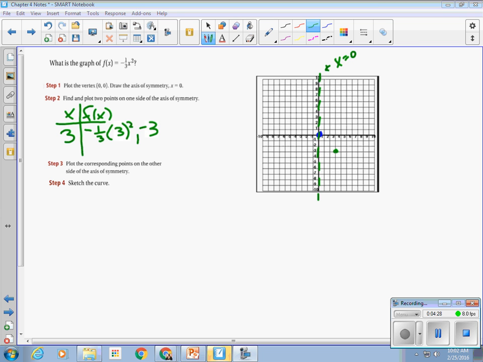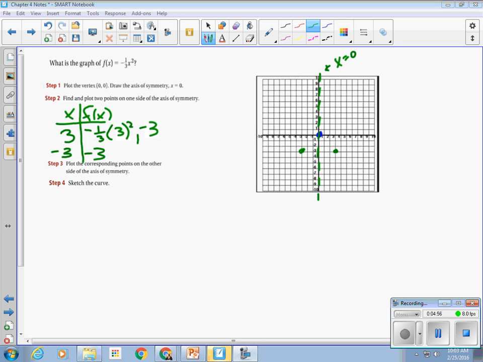My axis of symmetry says I'm going to have another point that is reflected across the axis the same distance away. So when x is equal to negative 3, my function is also going to be equal to negative 3.